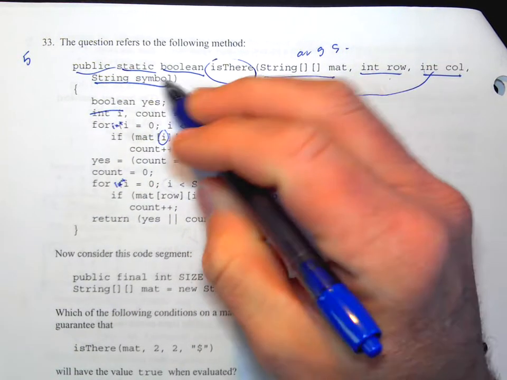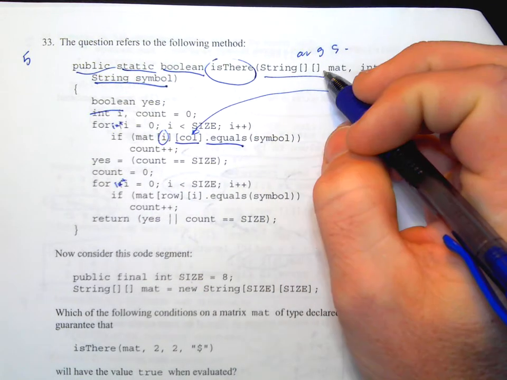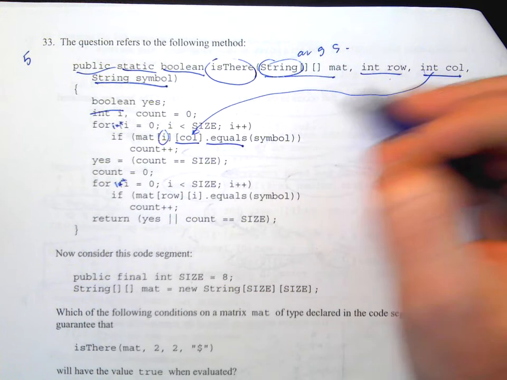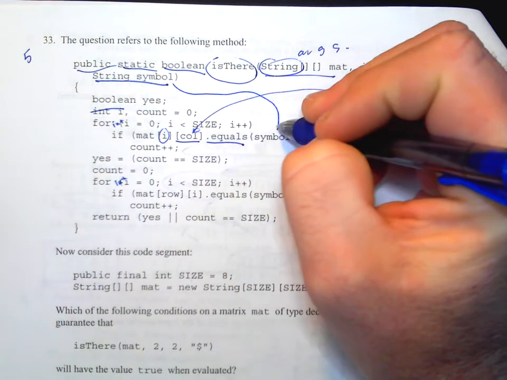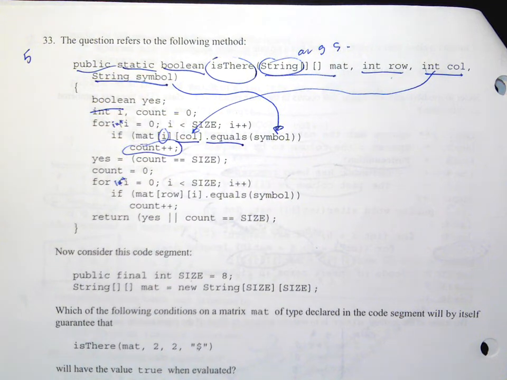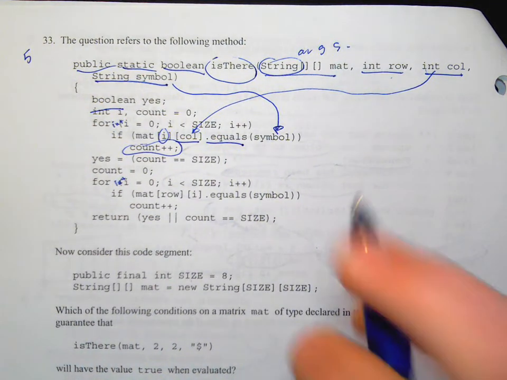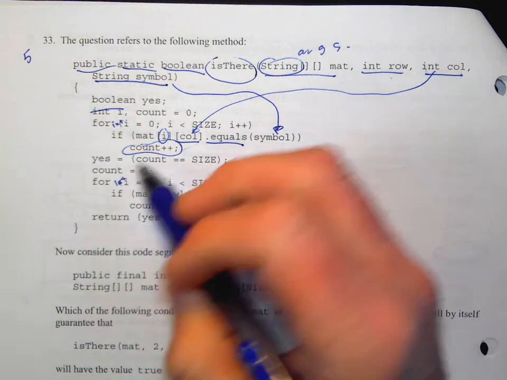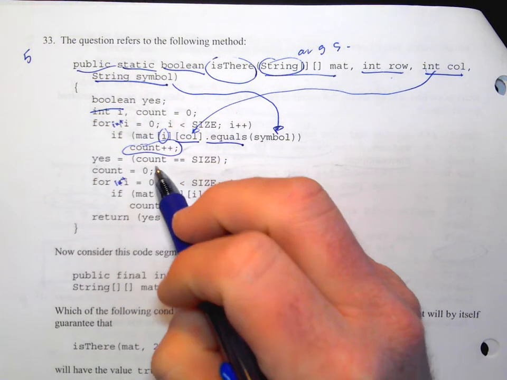These are holding strings, a 2D array of strings. If it equals whatever symbol that they asked you for, then the count goes up. So we're counting how many of these symbols are in all the rows of that column, just that column.